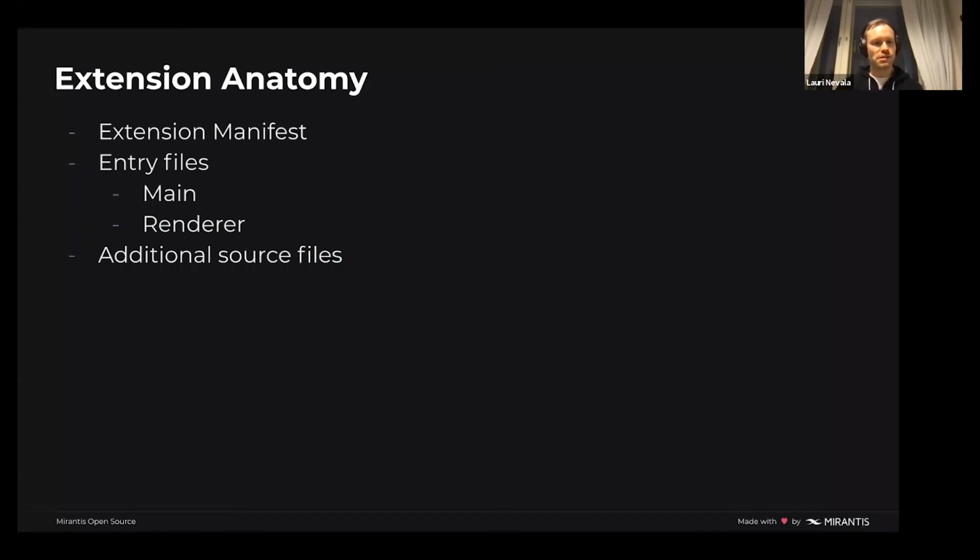One is the main process that is running in the background, and the other one is the renderer process that is taking care of the UI part of the system. So you can have entry files for both of those processes. And then, of course, you most likely have also some additional source files that are implementing the business logic of your extension.